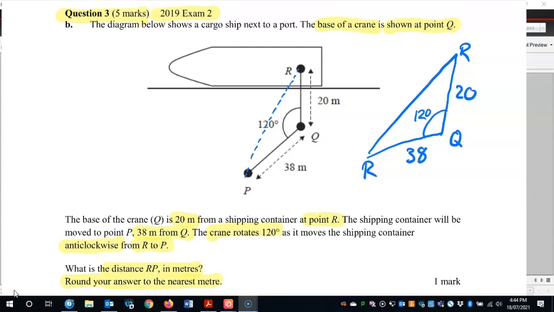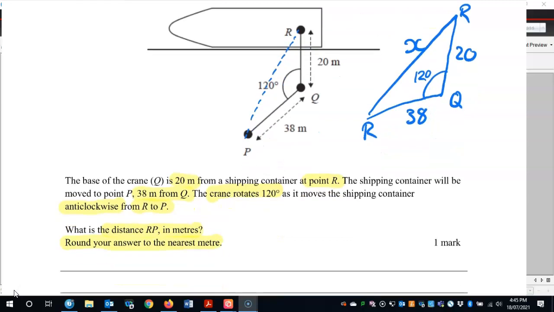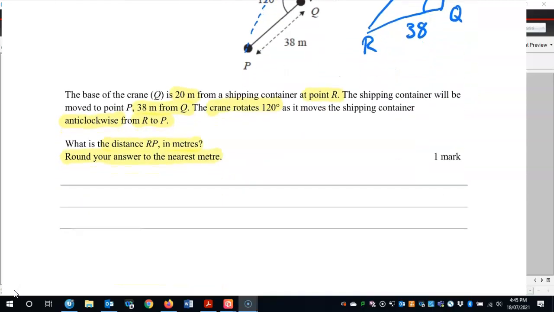It's just a triangle, and we want to figure out that side there. Okay, so we have two sides and the angle between them, and we want to figure out an unknown side. That's cosine rule. So let's write out the cosine rule, and we're finding a side.